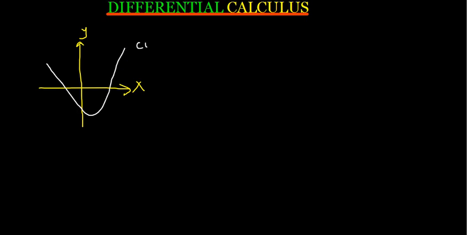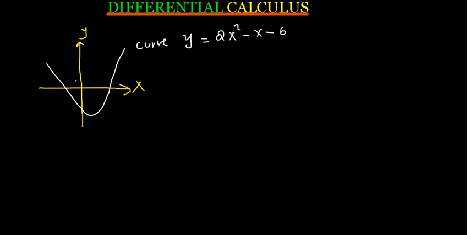Okay, so this is the curve and it's going to have an equation, maybe y is equal to something. Let me say the equation of this curve is y is equal to 2x squared minus x minus 6.